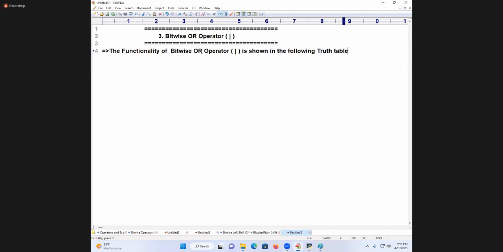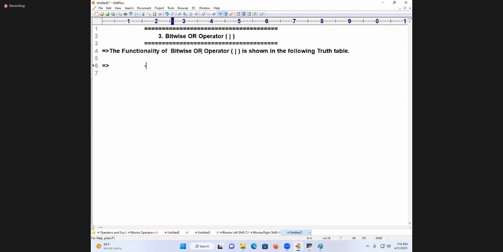What is the truth table? Try to remember. I am going to prepare the truth table for the OR operator.